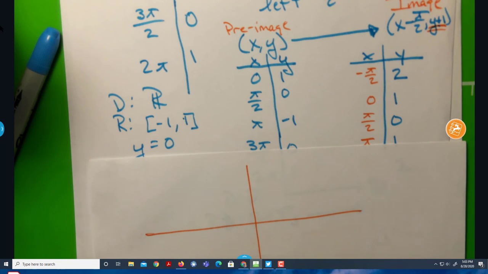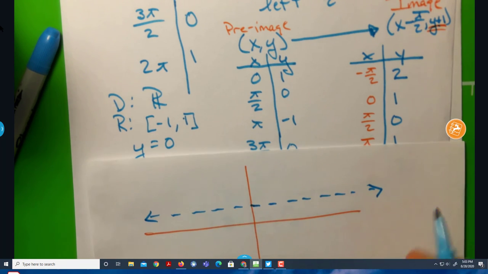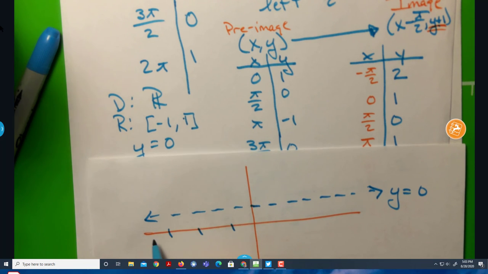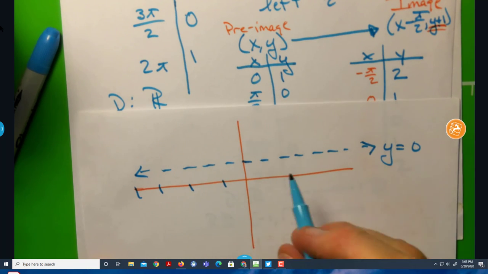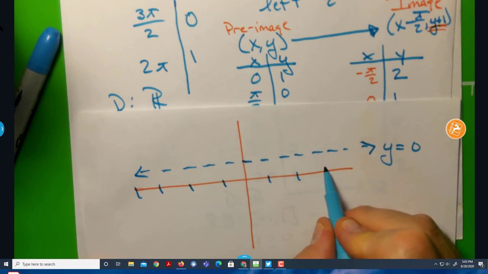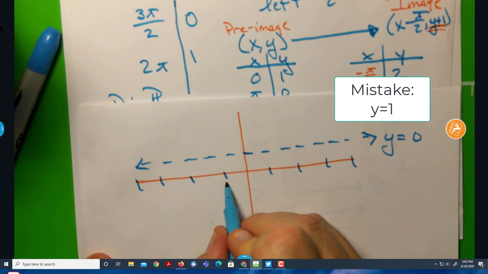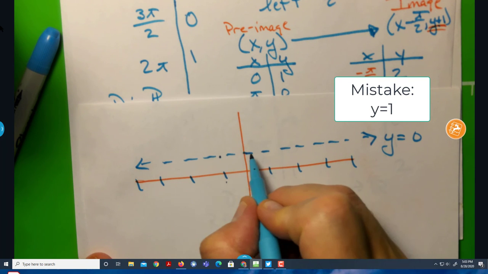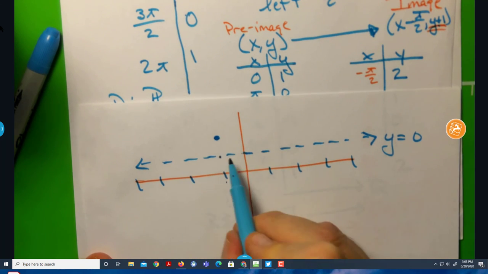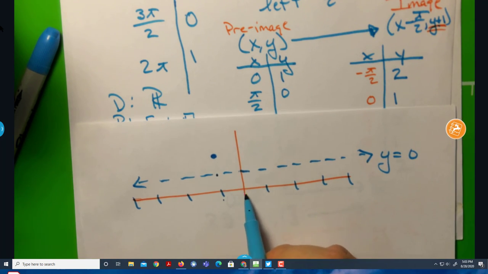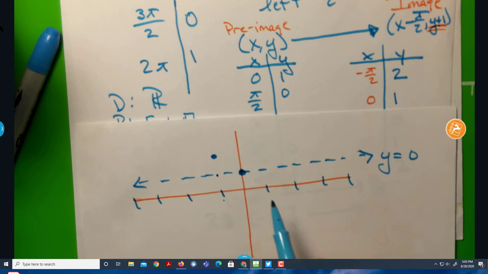Okay, I'm going to graph my sinusoidal axis. Okay, these are going to be pi over 2's. Just imagine that I could draw it so that it looks right. Okay, so we're going to start at minus pi over 2. That would be here. And there's 2. Then at 0, it's 1.